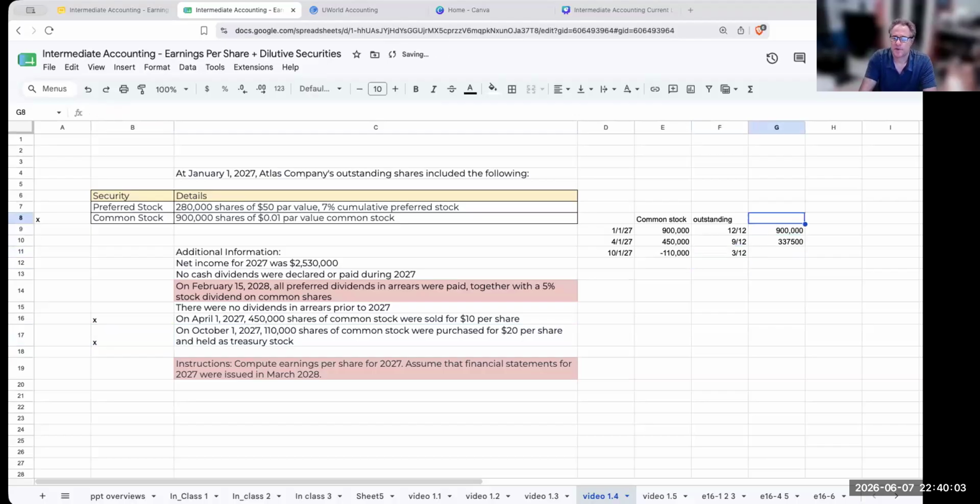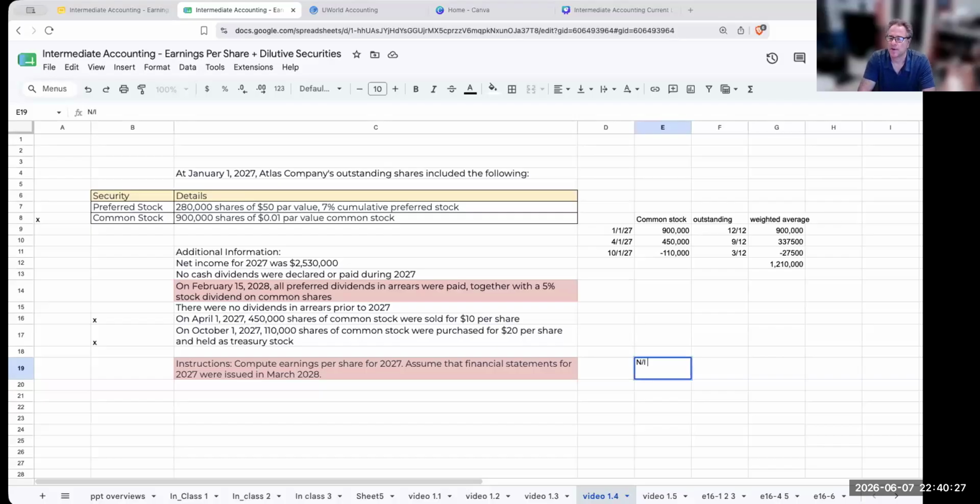So on a weighted average basis, this is only 27.5. So on a weighted average basis, my common shares are going to be 1,210,000.